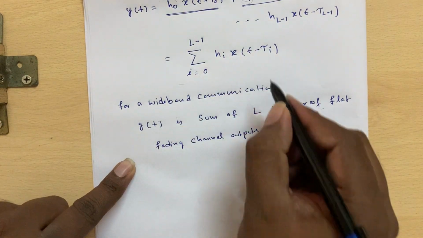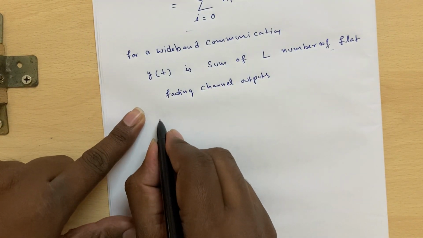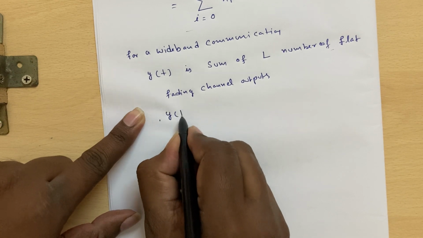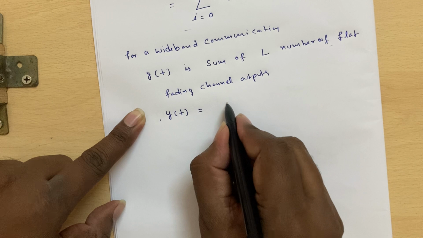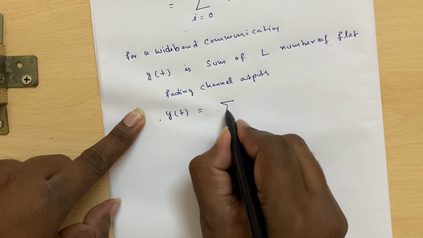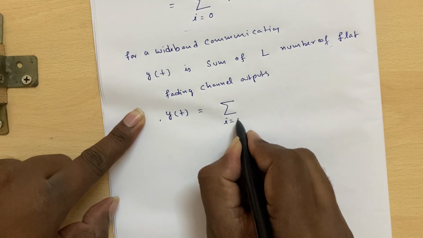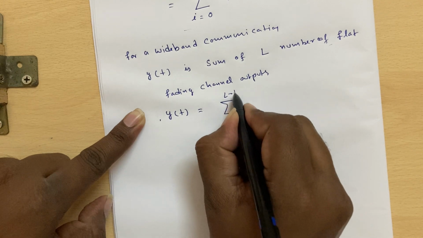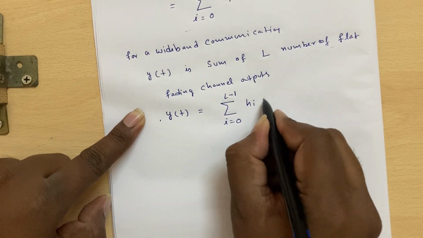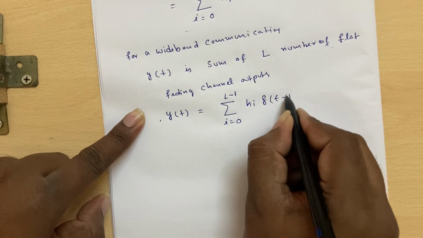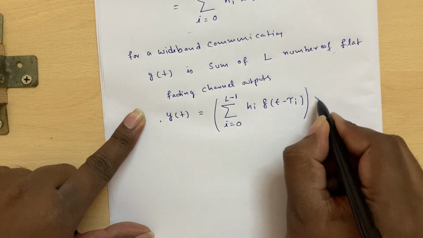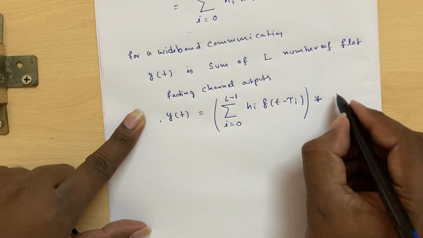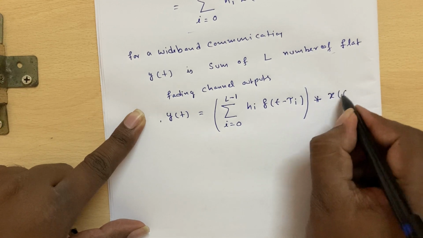And you can write this as y of t equal to the summation, i is equal to 0 to L minus 1, hi delta of t minus tau i, in convolution with x of t.